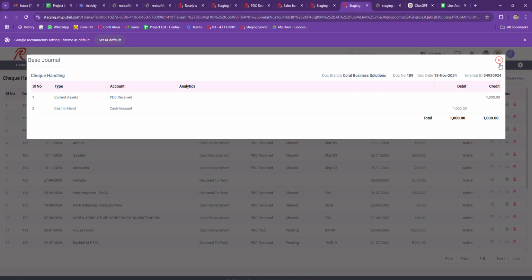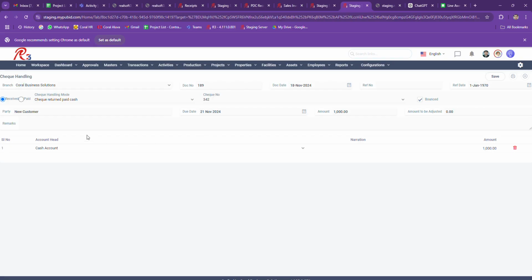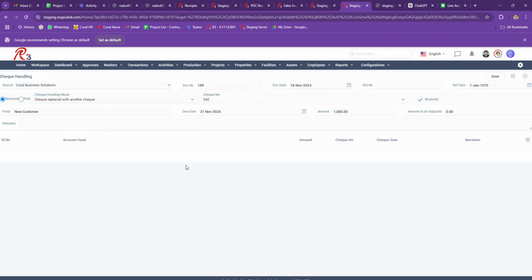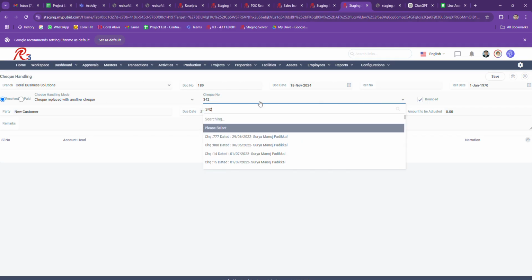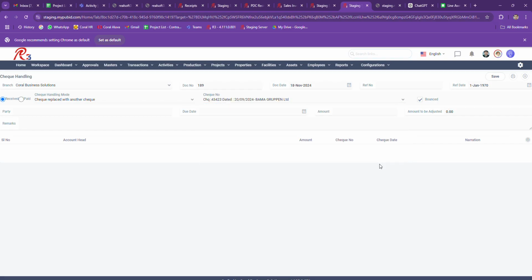And now we change our mode, modify this, and then we will replace it with another check. Okay, and the check number is the same, 342. Oh, sorry.